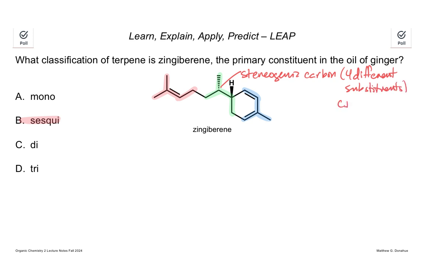We learned about these CIP rules where we could designate that R or S. That's another thing to remember from Organic 1. So that's a stereogenic center, and right next door is a stereogenic center as well.